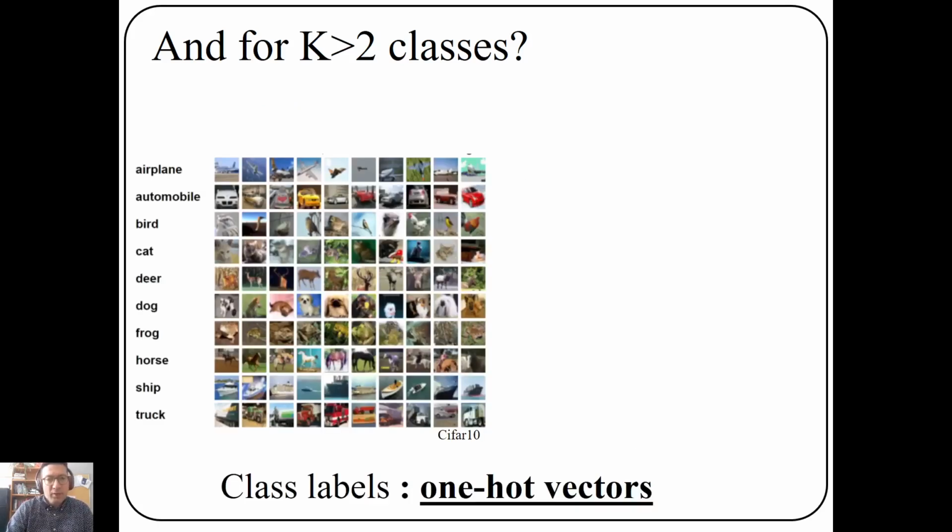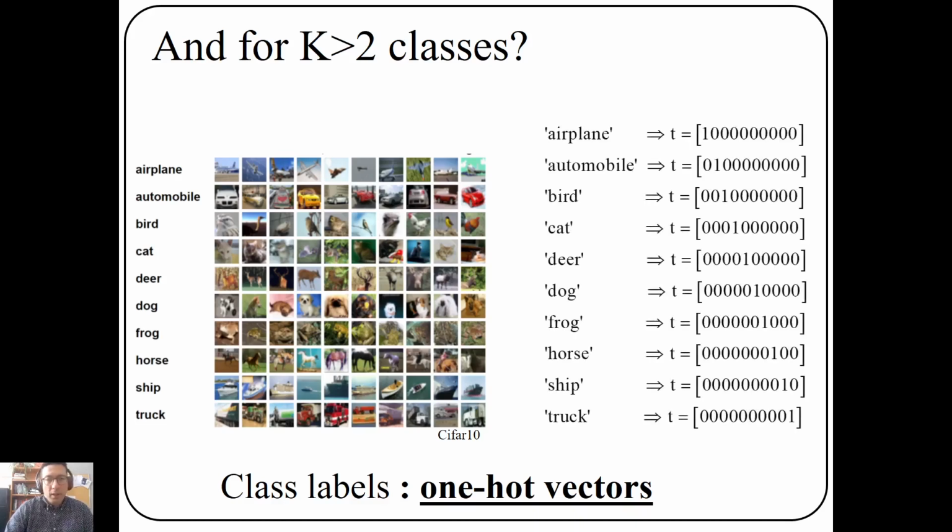When you use a softmax for many classes, the class labels become what we call one-hot vectors. For example, a very well-known data set called CIFAR-10. This is an old data set that people are still using. It's very easy to download from the internet. It contains tens of thousands of images, distributed according to 10 different classes: airplane, automobile, bird, cat, and so on.